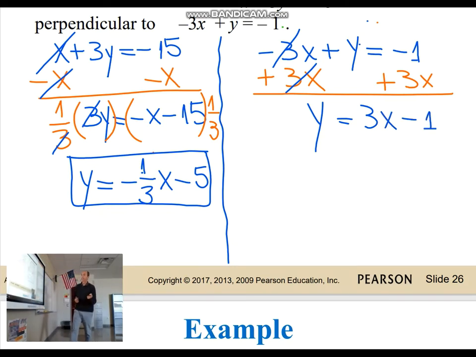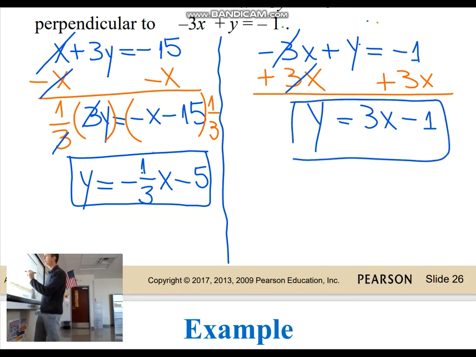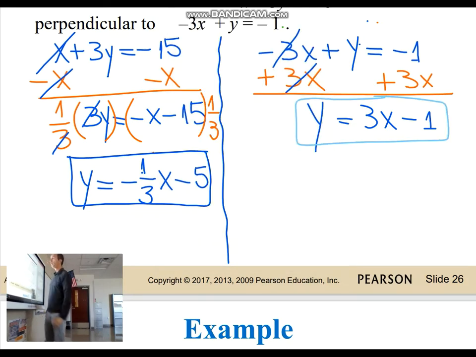And that's it. It's already done. It's already in slope-intercept form. We can compare now. And the slopes, you can see they are different. So they are definitely not parallel because the slopes are not the same.